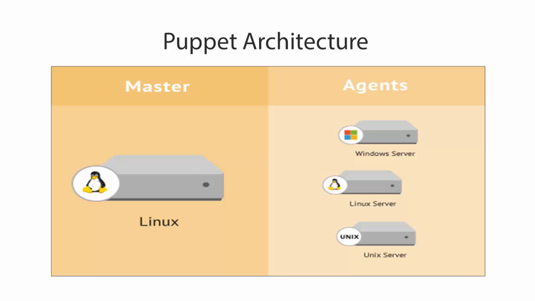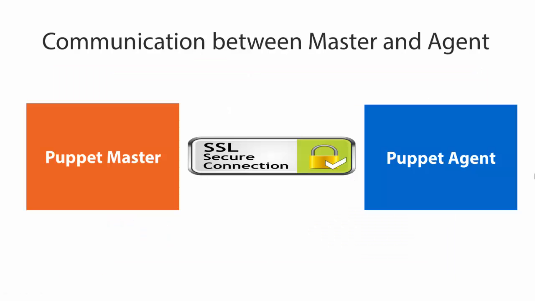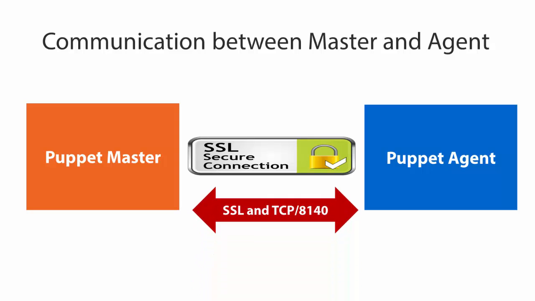Puppet Master and Agent communicate with each other using Secure Socket Layer for a secure connection via TCP and port number 8140. So you need to create private and public keys to use the SSL connection before using this secure communication.